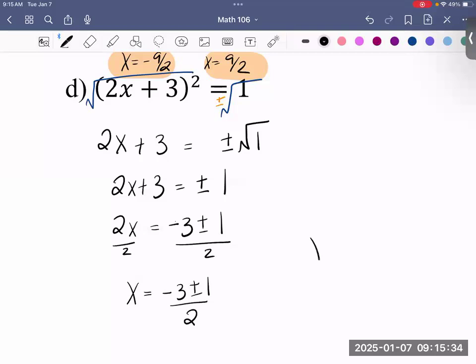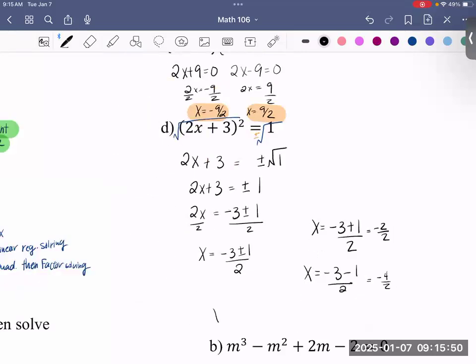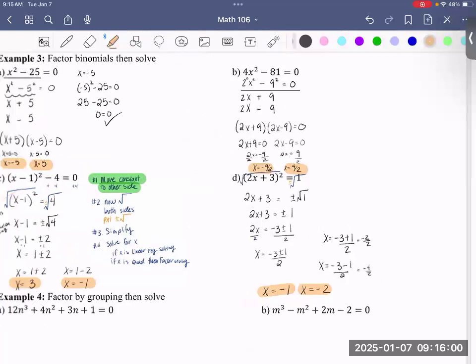So we have our two solutions, -3 plus 1 over 2, and -3 minus 1 over 2. So up top, we get -2 over 2, and down below, we get -4 over 2. So your x values, your solutions, are x equals -1, and x equals -2. And there you go.